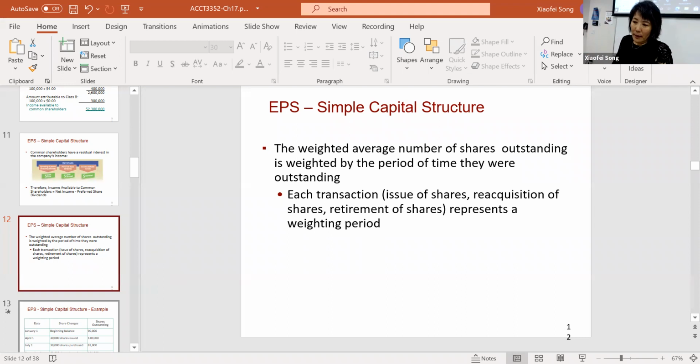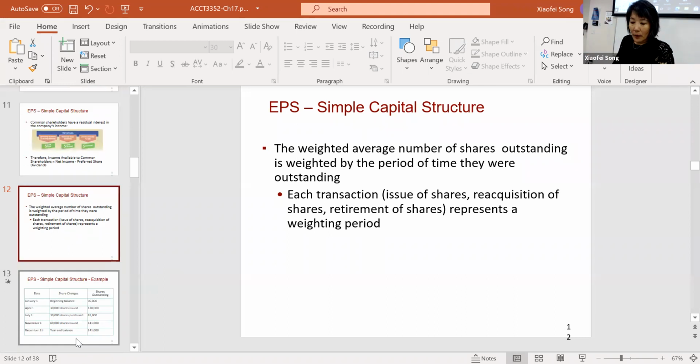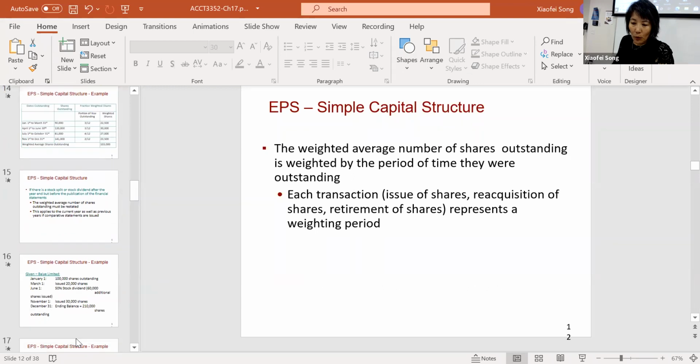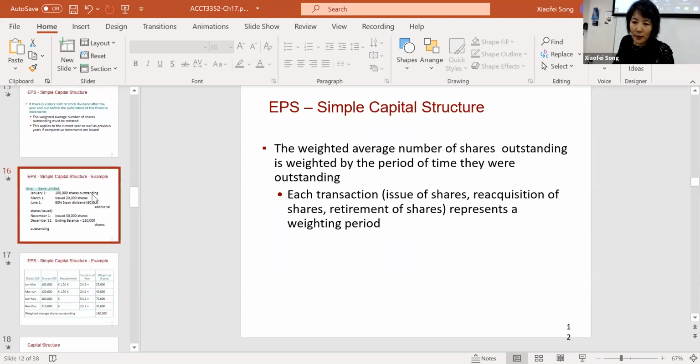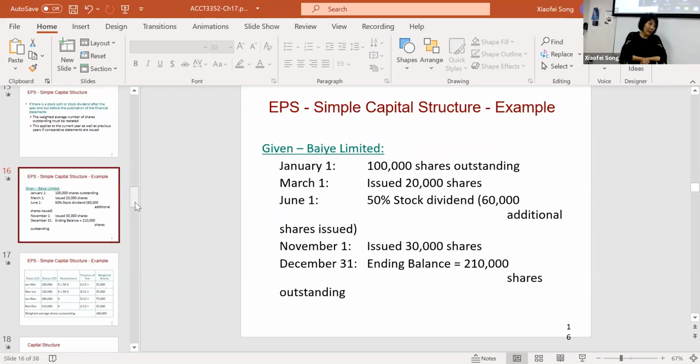So here's an example. You know what? I would like to go through this more complex example first. This example has everything. So assume this company starts out the year with 100,000 shares outstanding.